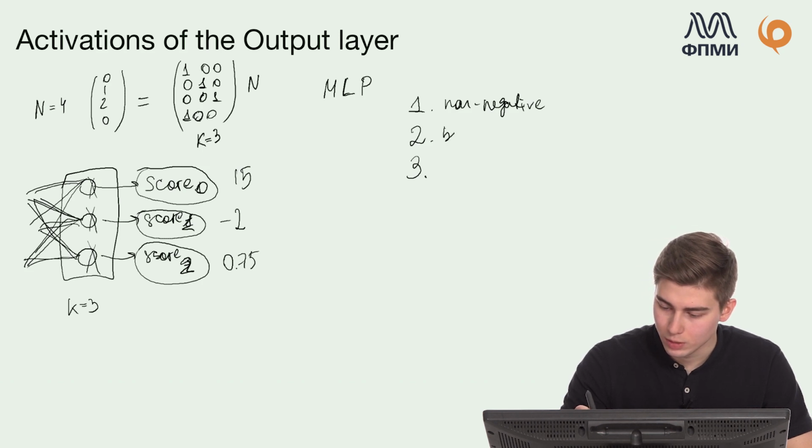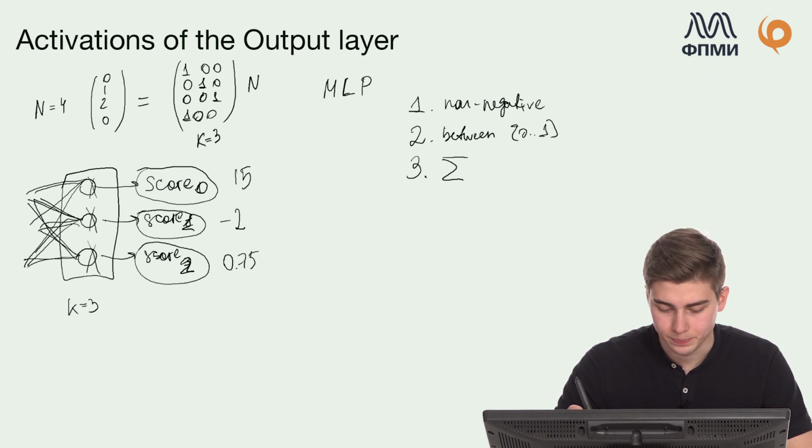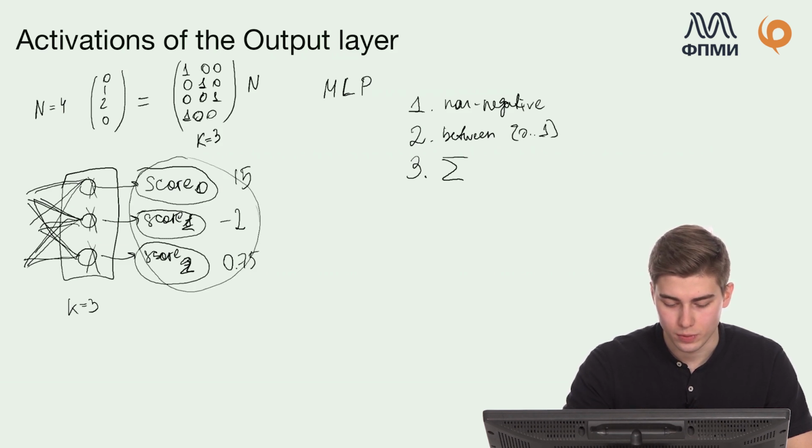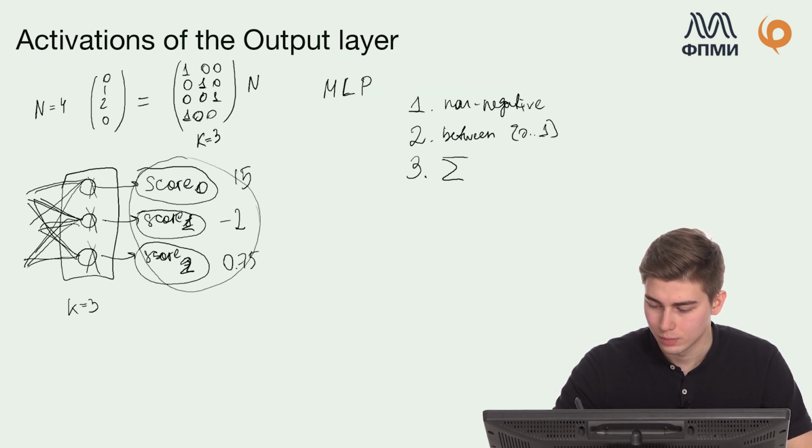They must be between 0 and 1, and the sum of them, if we want to model the distribution over the classes, we want these scores to sum to 1.